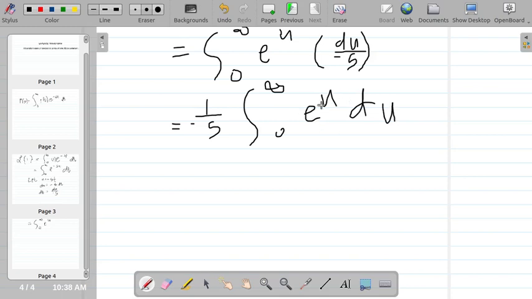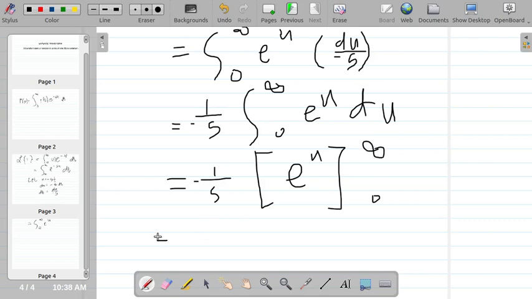So, the integral of e raised to u du is just equal to e to the u, so we have negative 1 over s times e to the u from 0 to infinity.